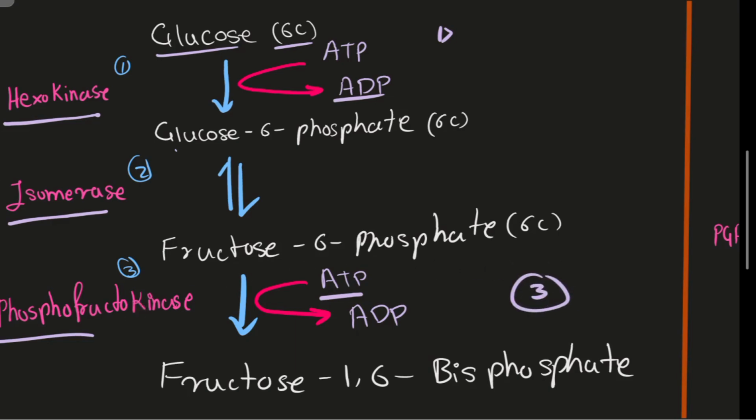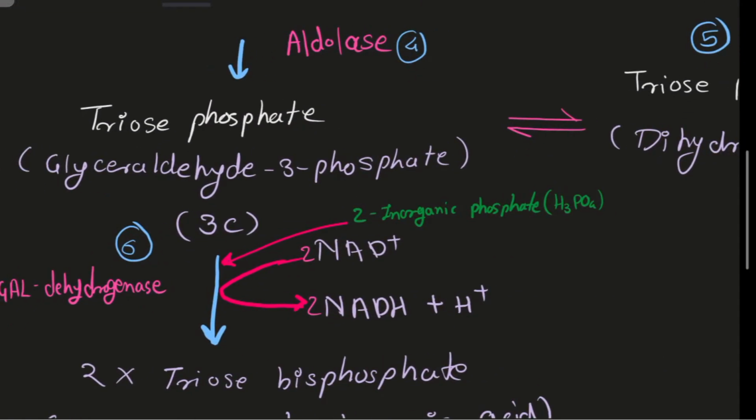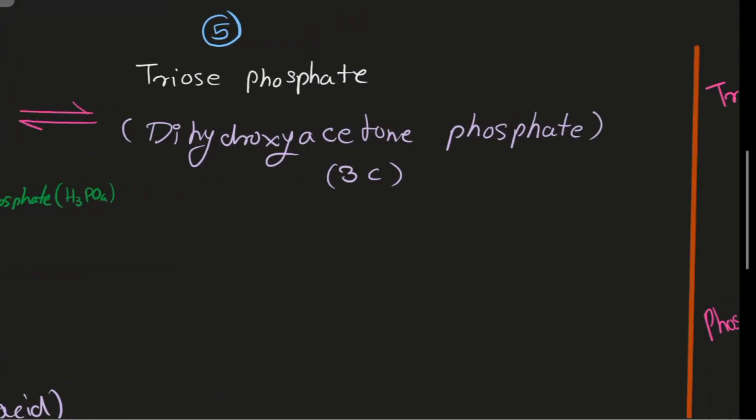Then this fructose 1,6-bisphosphate breaks down into triose phosphates, two 3-carbon compounds. First is glyceraldehyde 3-phosphate and second is dihydroxyacetone phosphate.